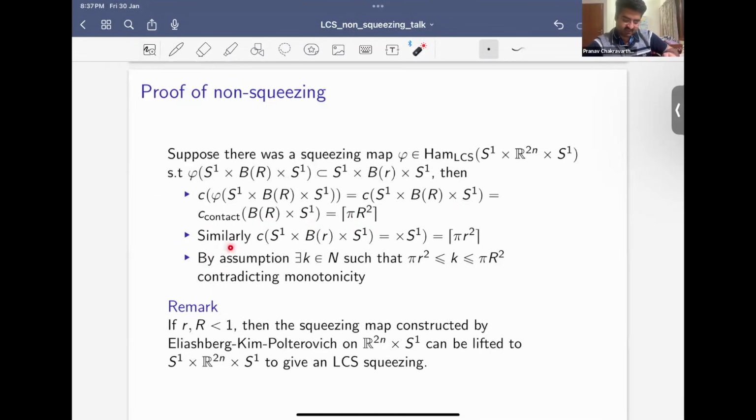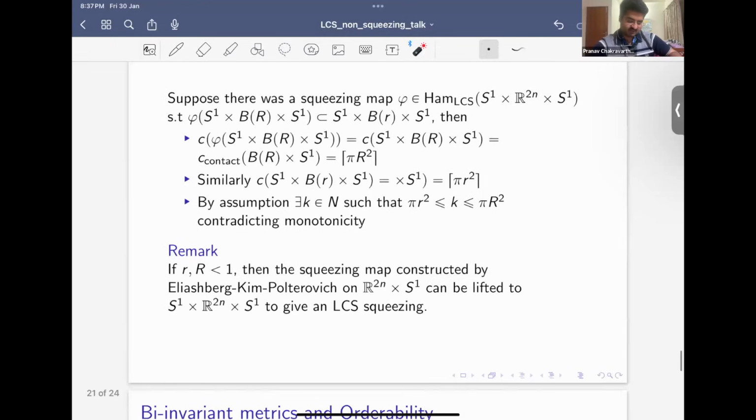And similarly, for the other ball, the LCS capacity is the greatest integer of pi little r squared. And now we see why this assumption was required. If we demand that there exists an integer that separates pi r squared and pi capital R squared, then the existence of such a squeezing map would contradict monotonicity, thereby proving that you cannot squeeze via a Hamiltonian LCS map.